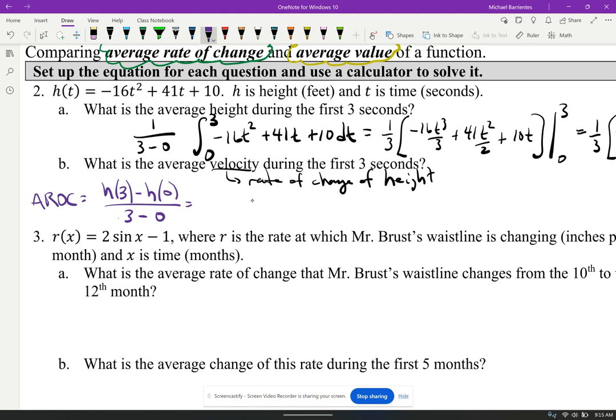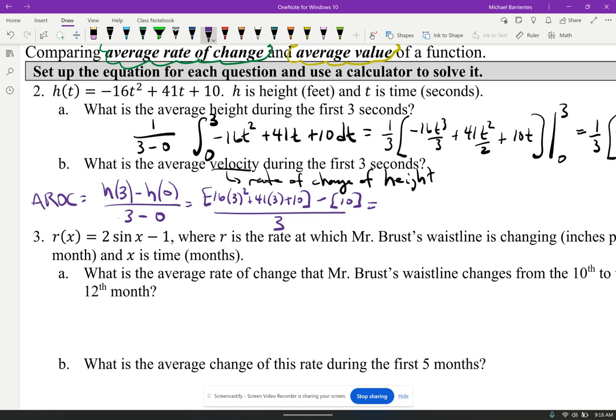All right, so if I substitute 3 in there, that's going to be negative 16 times 3 squared, plus 41 times 3, plus 10. That's the first part. Minus, and if I plug in a 0, that's going to go away, that's going to go away, but I'm left with 10. And then divide that by 3. Well, I notice the plus 10 and the minus 10 are going to cancel each other out, so really I'm just left with this first part.